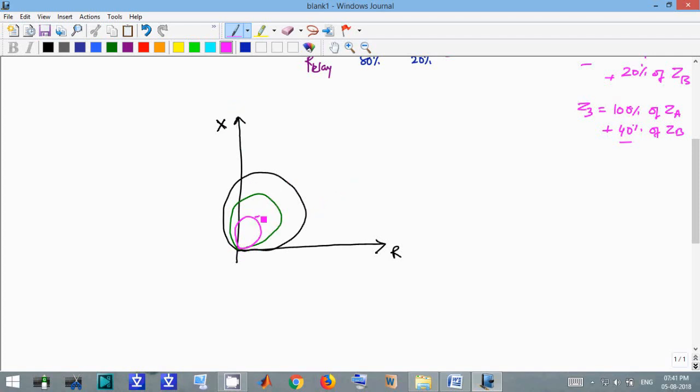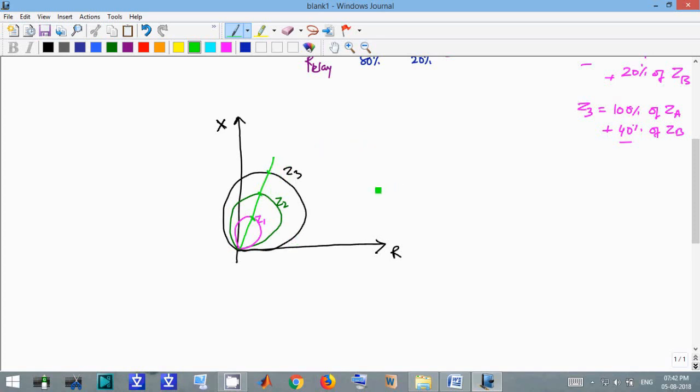So this is our zone 1, this is our zone 2, and this is our zone 3, right? If we draw a line, this is 80% of the transmission line, this is 100 plus 20, meaning 120% of the transmission line, and this is 140% of the transmission line.